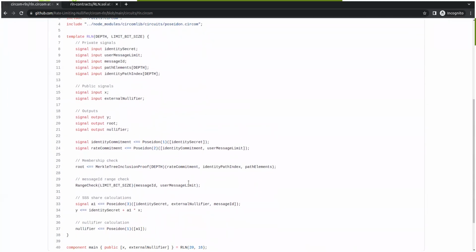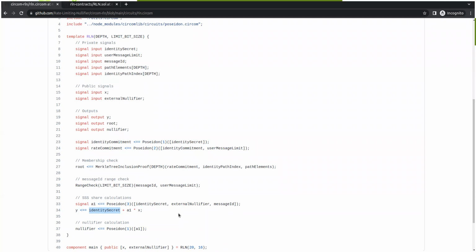As you maybe know, we have polynomial interpolation, the Shamir secret sharing scheme, and we can recover the secret value by interpolating. For a degree 1 polynomial, you need only 2 points.